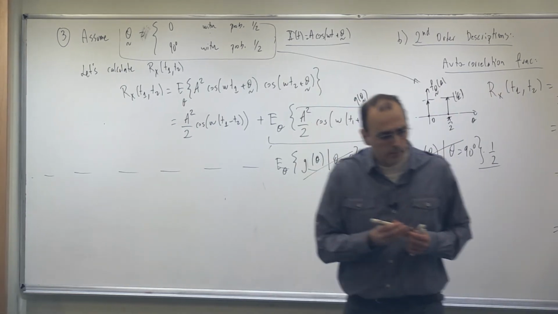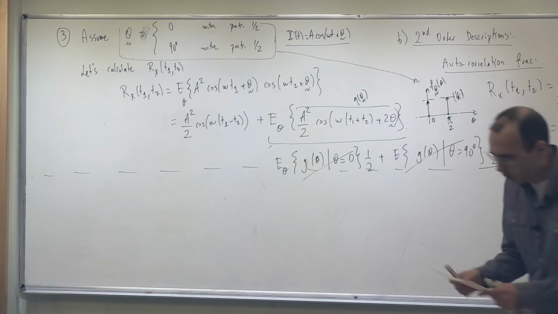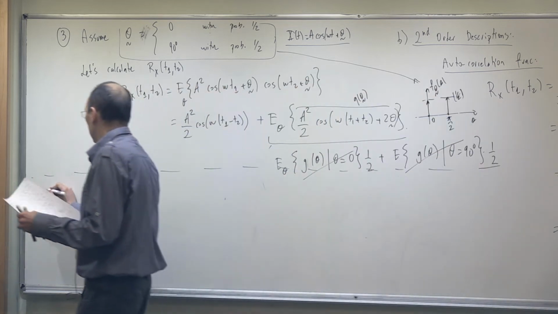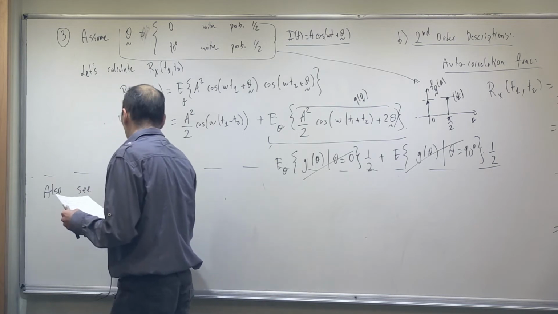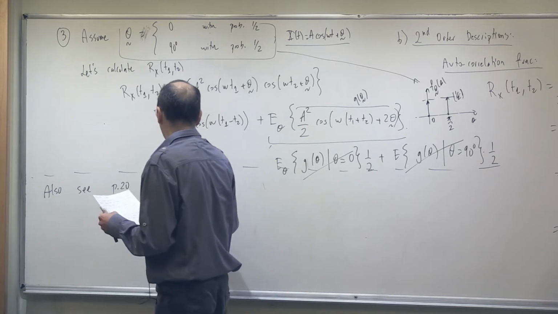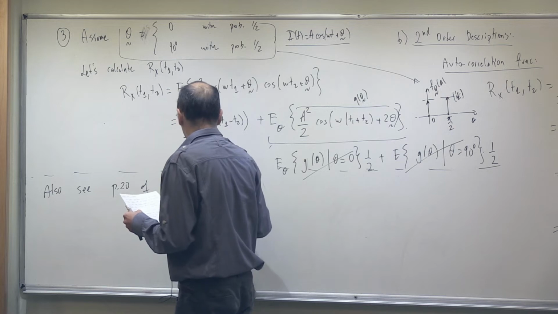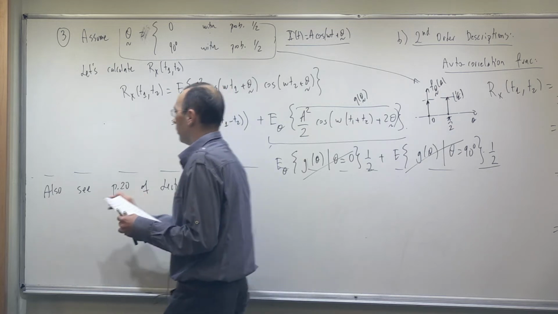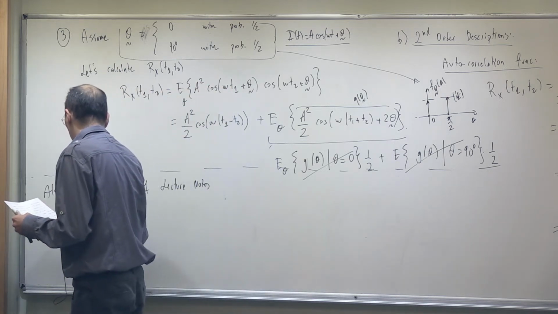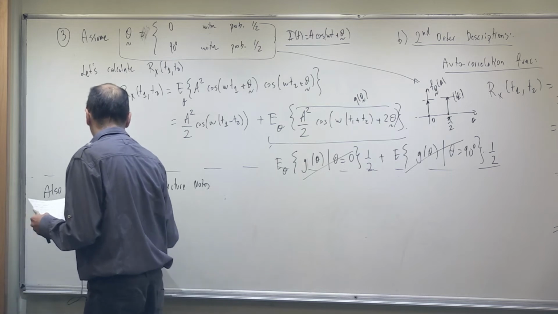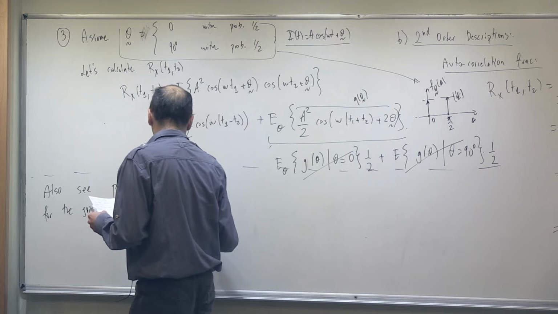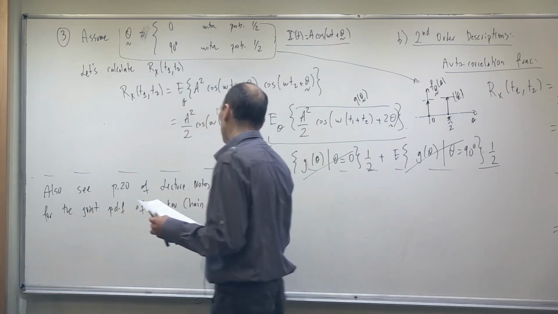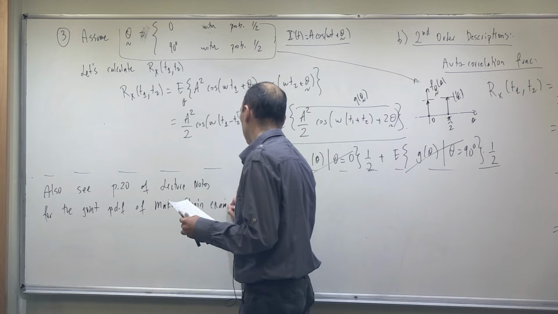Well, what else? Let me see. Also see page 20 of the lecture notes for the joint PDF of Markov chains. Not in general, but of a Markov chain example.